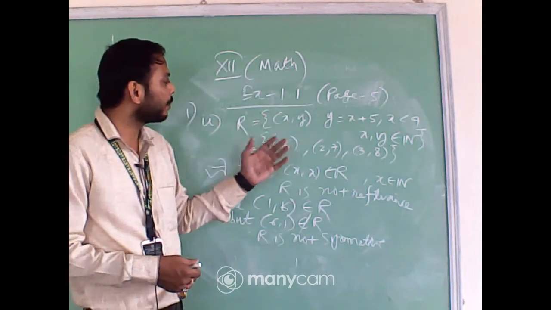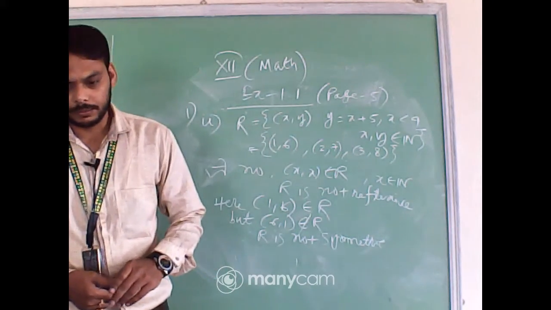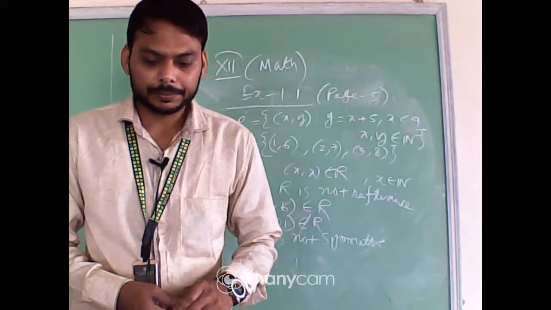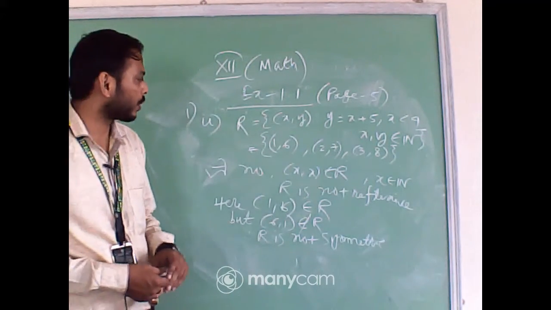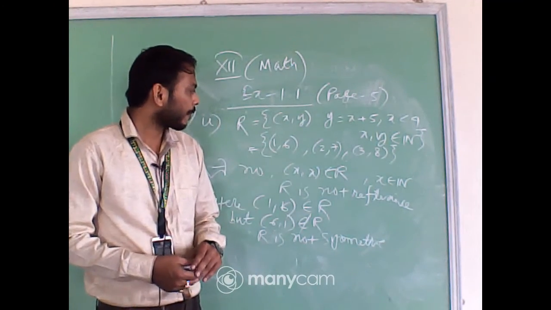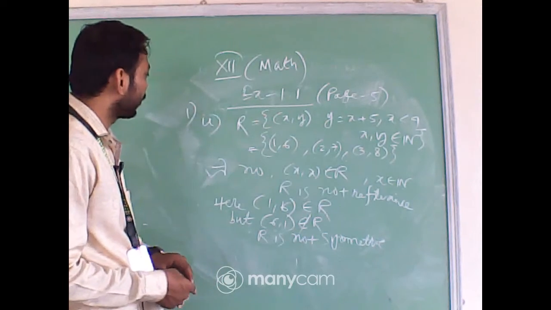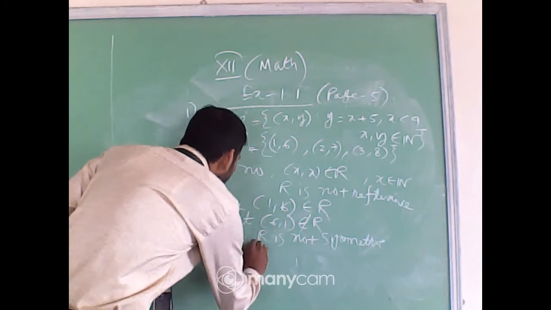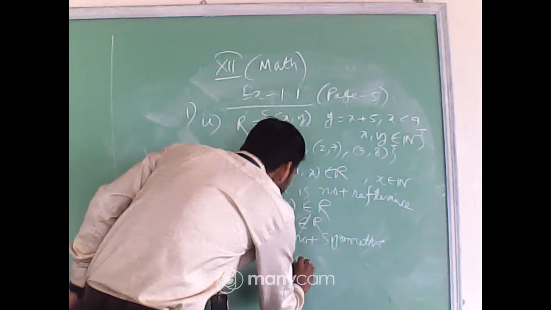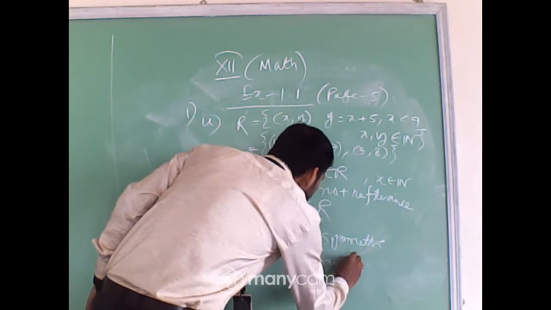If there were AB and BC, then for transitivity A, C must belong to R. So we can write here R is not transitive.